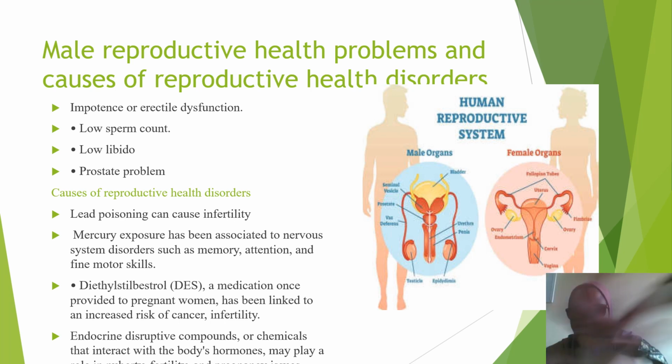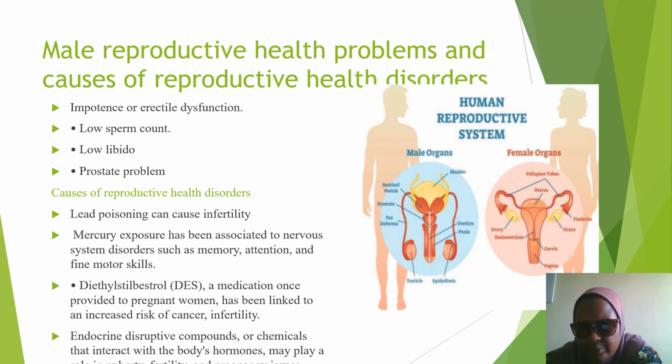And for the male organs, we have the bladder, we have the seminal vesicles, we have the prostate, the vas deferens, the testicles, the epididymis, we have the penis and urethra, the bladder. So for the females, these are the fallopian tubes, this one that looks like an angel.